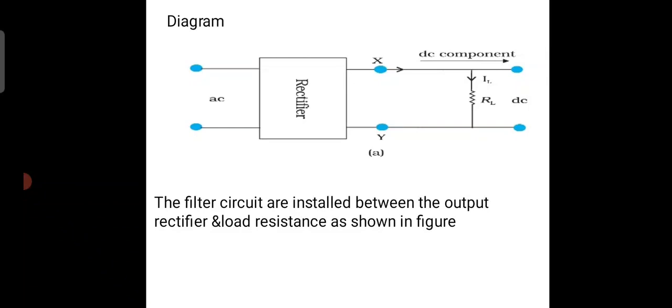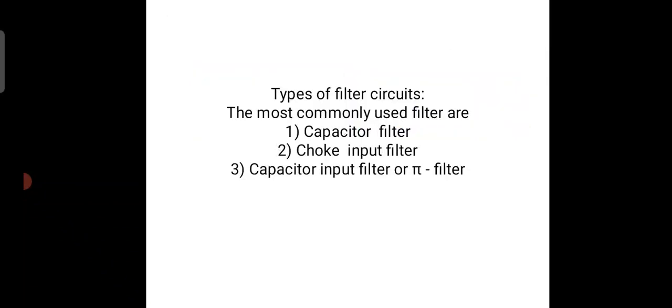This filter circuit has different types, of which we are going to study three: the first is the capacitor filter, the second is the choke input filter, and the third is the capacitor input filter or pi section filter. These three are the commonly used filtering circuits in electronic media.